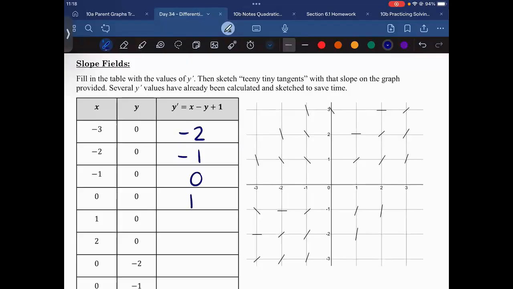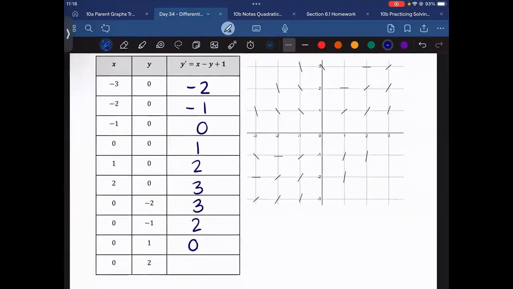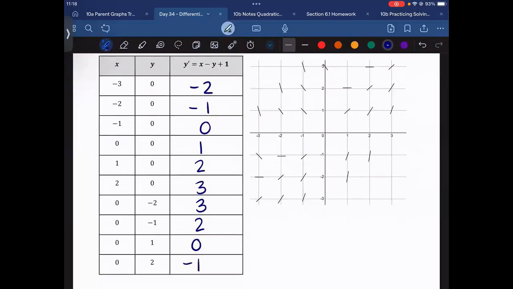And then this will be 1, 2. Zoom out. We're just plugging that into this function right here, right, to find the y prime. I just like to rewrite it equals slope.